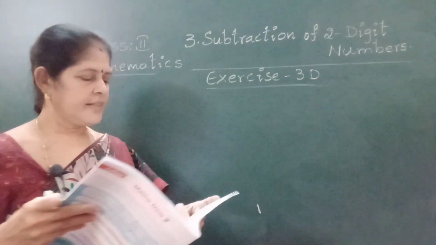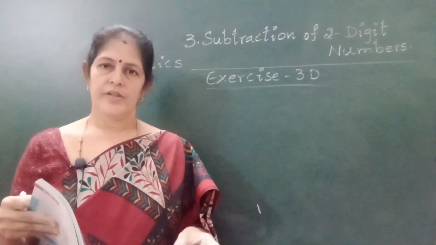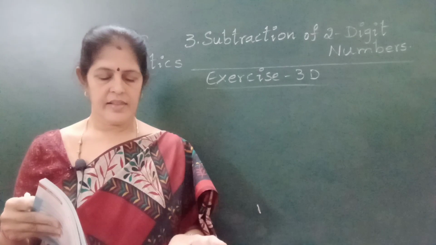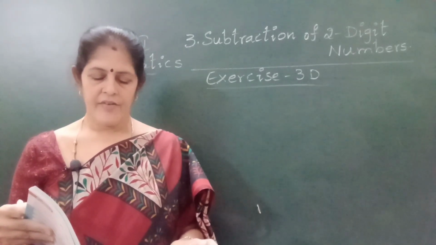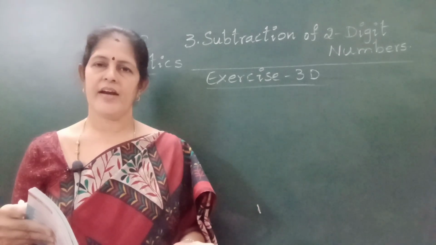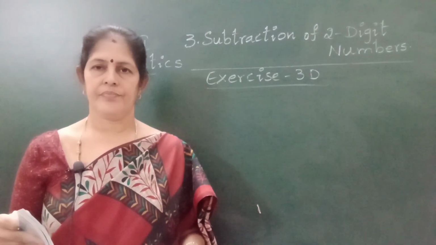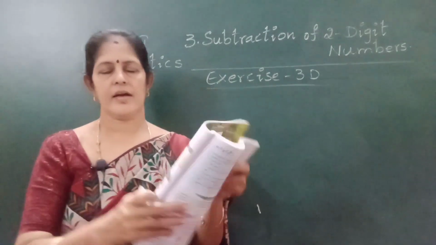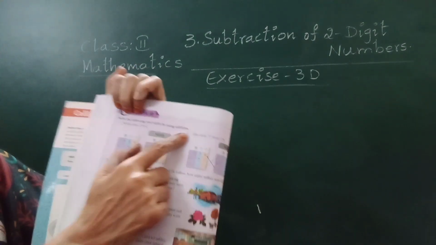See, 38 less than 159, do the subtraction and then verify using addition. Take away 77 from 178. Those two we are completed. Solve the following and verify by using addition.